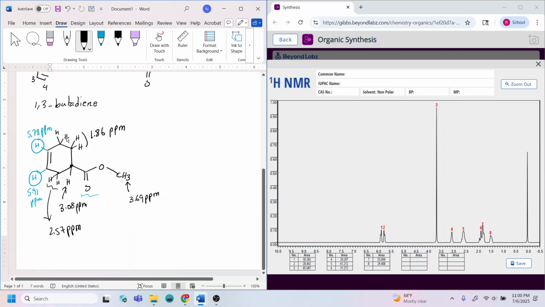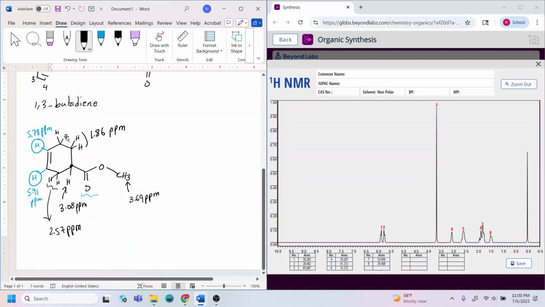And then you do have position 7 and 8 over here. Again, those two, 7 and 8, they should appear to be one signal. But here they are showing to be two different signals. This means that these two hydrogens are going to be different and they're going to split each other.